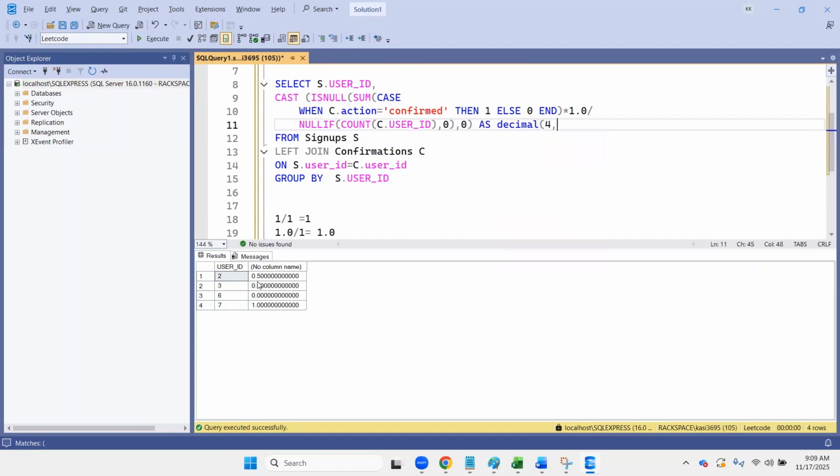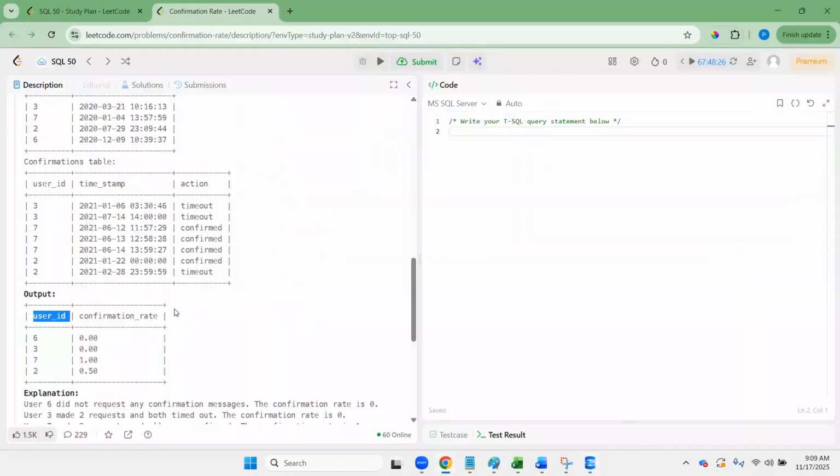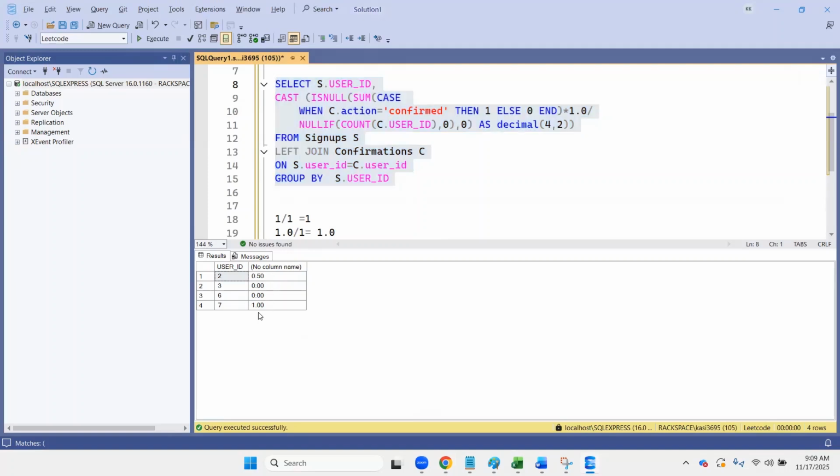So I'm restricting to 2 digits after the decimal point. So after 2 digits, it has to be trimmed out. Let me run this. So now I'm getting 2 decimals, 0.00. Okay.